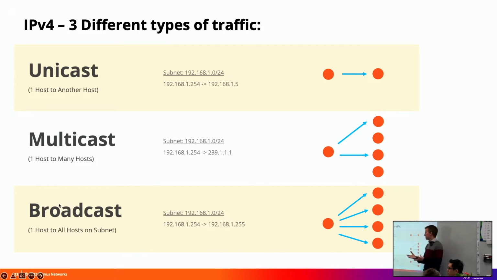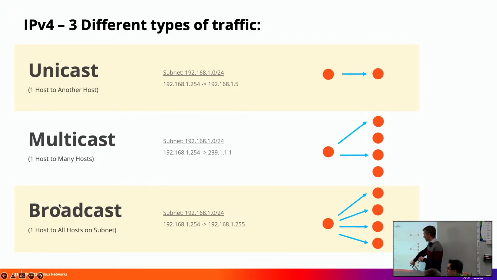And so this is multicast. One of the things about multicast is you can see here our destination IP address. There is a special IP address range which is used for multicast. If you see an IP address that begins with 239.1, this tells us that this is a special multicast packet.